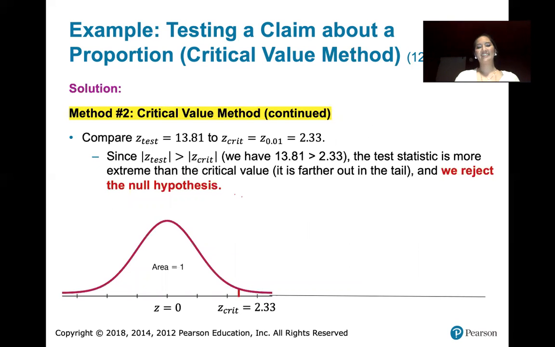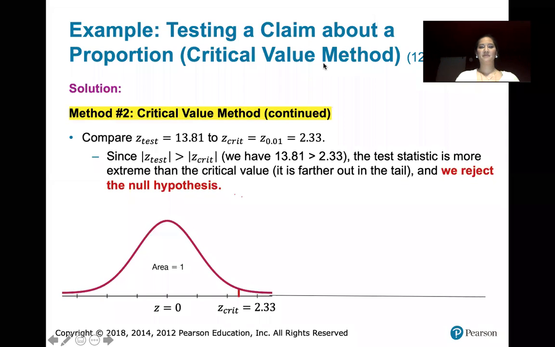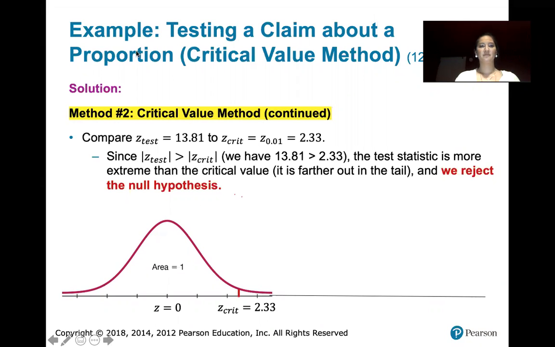I've got my null hypothesis, and then I added this little extra line segment because I want to go 13 standard deviations above the mean. So there's my test statistic, 13.28 standard deviations above the mean.